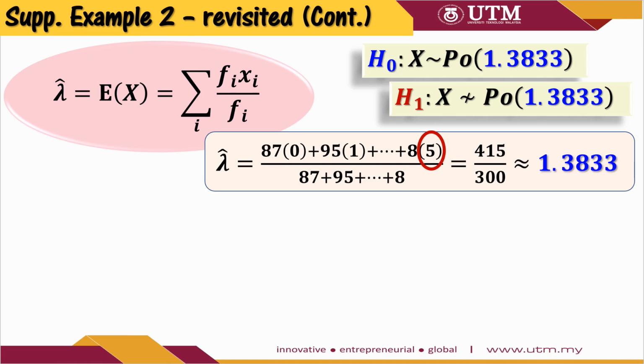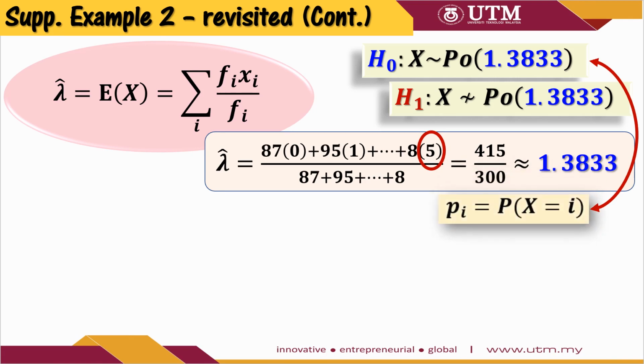Using the distribution stated under H0, you can repeat the same procedure for getting the values of Pi, which can be used to calculate the values of Ei and finally the value of chi-squared test statistic. Since estimated lambda value is up to 4 decimal places, then you can only use the probability function formula to calculate the Pi values.